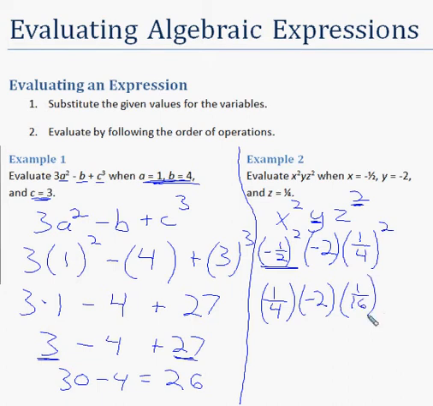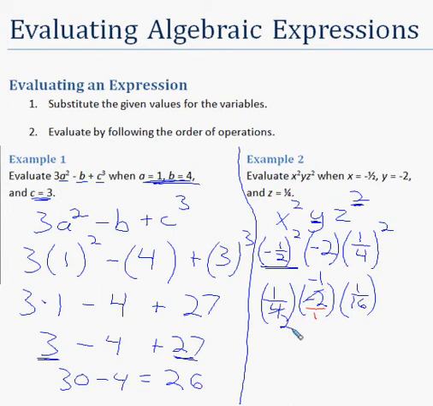Now we just have multiplication left. We can remember that negative 2 is the same as negative 2 over 1. That way they all have numerators and denominators. We can do a little bit of simplifying. So 2 goes into negative 2 negative 1 time. 2 goes into 4 2 times.